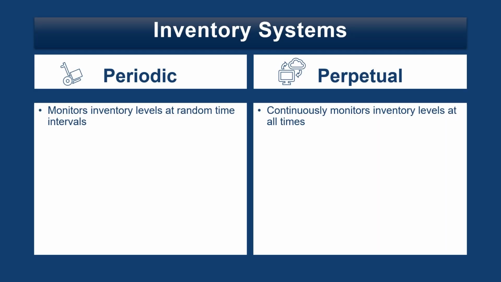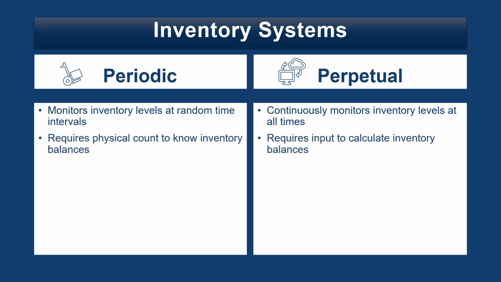So let's take a look at both of these to compare and contrast periodic and perpetual inventory systems. So first, a periodic system requires a physical count to know the exact inventory balances. This is when you have to actually go into the warehouse and count all of the inventory, or even in the retail store and count the inventory that you have.